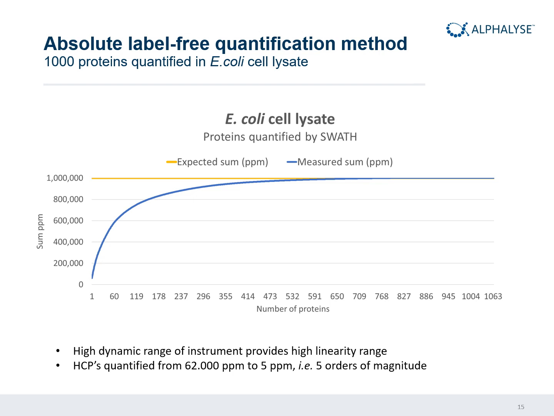When we sum up the ppms for each of these proteins, we end up at 1 million. This is exactly what we should end up at since we don't have any drug substance in there. Typically, when you have a drug substance, most of the signal will be from the drug substance peptides. But in this case, it shows that we have an absolute quantification, and it covers almost 5 orders of magnitude.